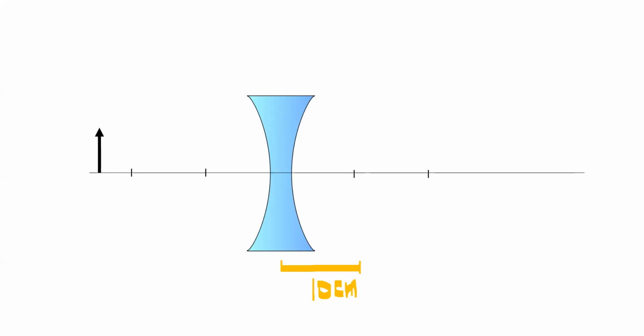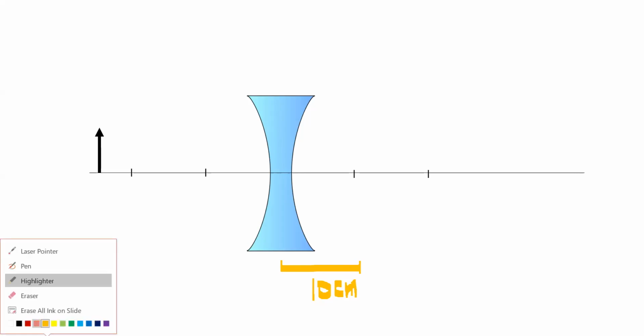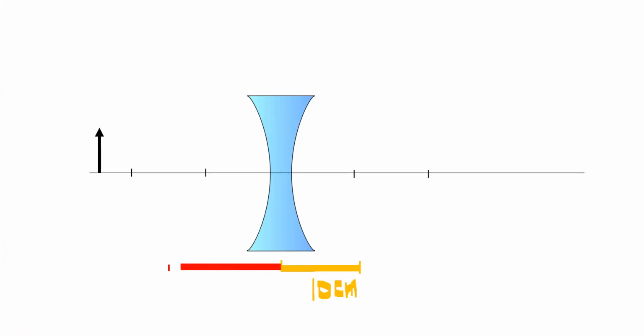From here up to the object, let's say it's 25 centimeters. Now we want to find out how the light will travel through.